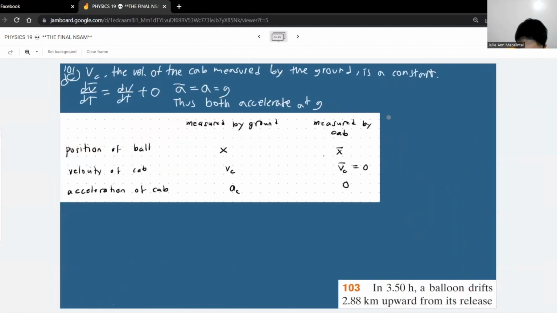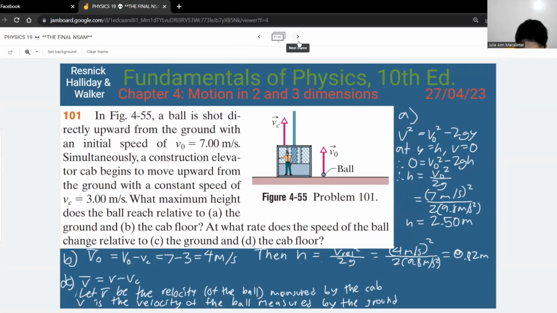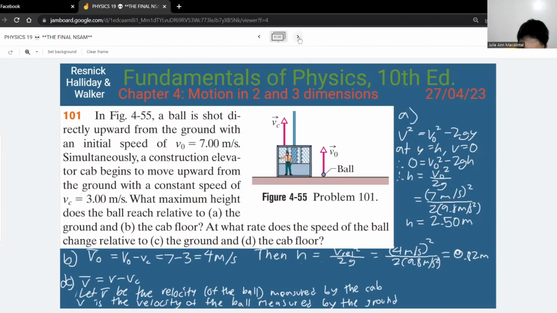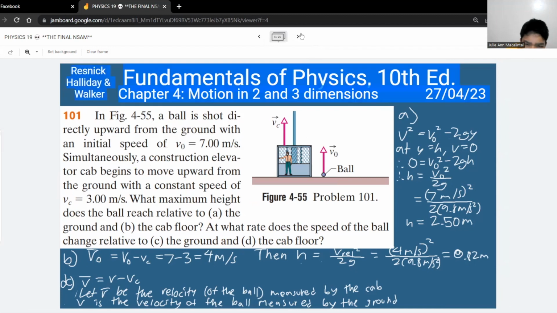Tapos pwede ka rin sigurong, since kailangan mo yung acceleration, gawa ka na lang ng symbol na A bar para sa acceleration ng ball. Kasi magkaiba yung measured accelerations eh. So, game pa rin.